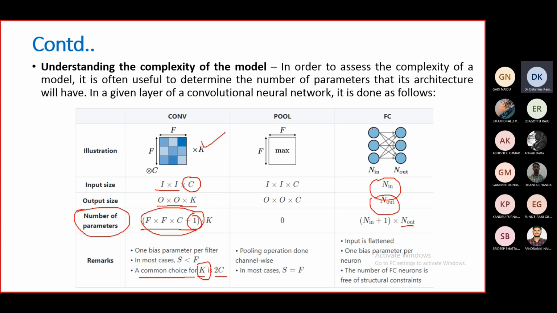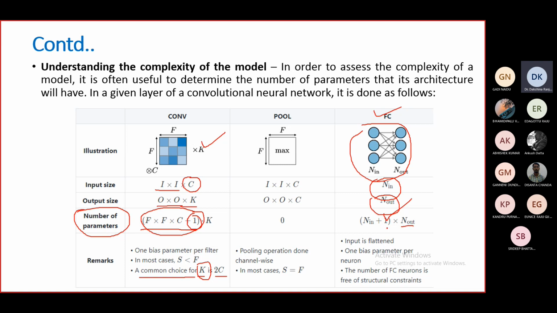Now, if we consider the simple fully connected layer, then we will have total number of parameters as (n in plus 1) into n out, and this plus 1 is used for bias. So per neuron, for one neuron, we can use one bias.